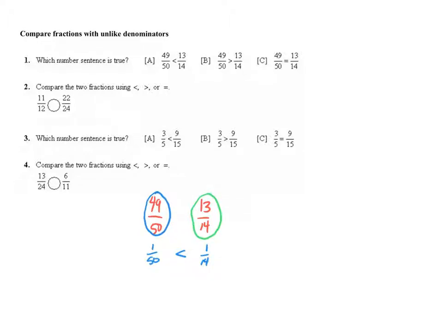So that means that my fraction on my left, 49/50ths, is closer to 1 whole than 13/14ths is. So 49/50ths is greater than 13/14ths, which is answer choice B.